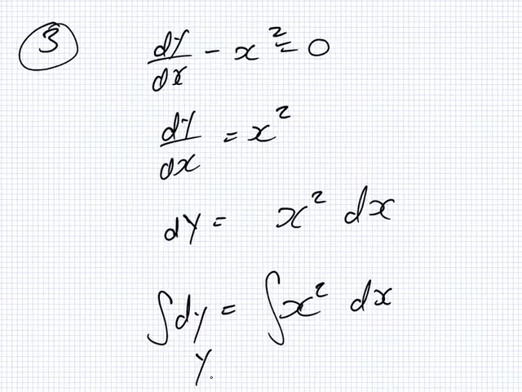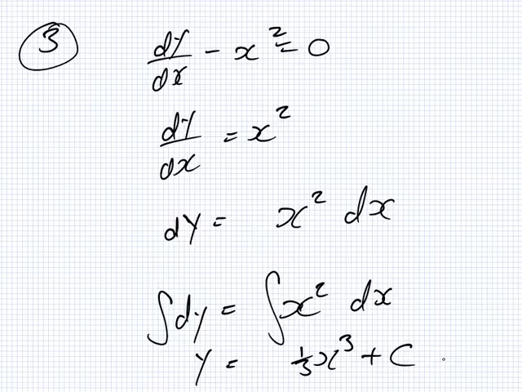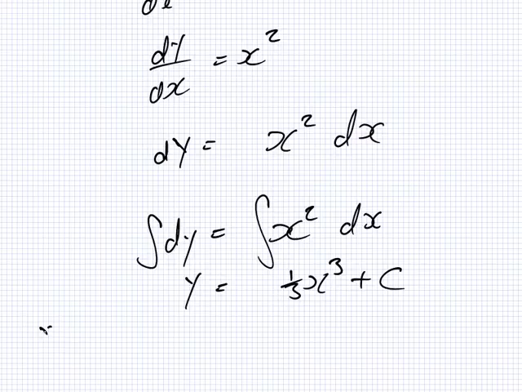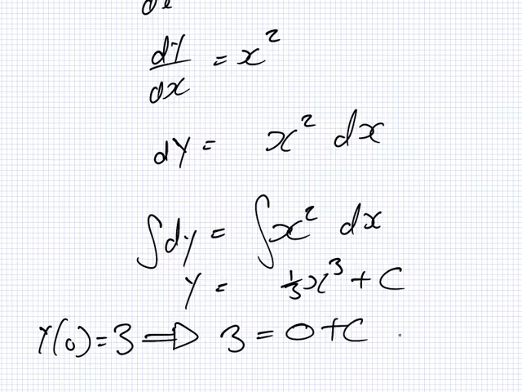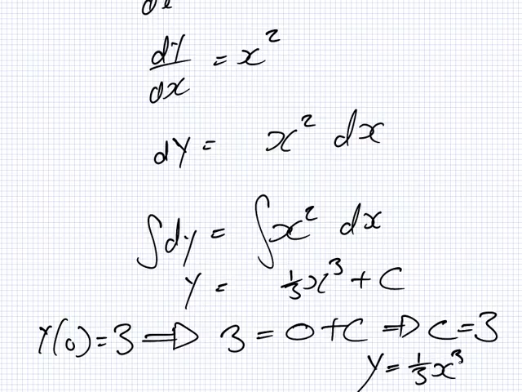So I get y equals 1/3 x cubed plus c. But this one is different. I can find the c because the question says y(0) equals 3. So then that means 3 should equal 0 plus c. So what does c equal? Well, c has to equal 3. So you get y equals 1/3 x cubed plus 3 is the answer.